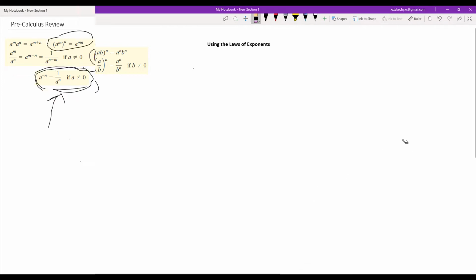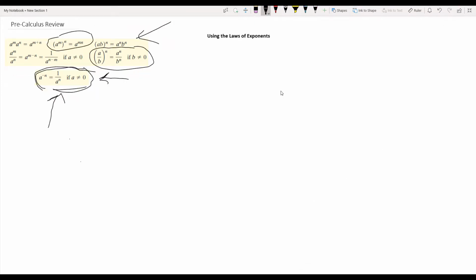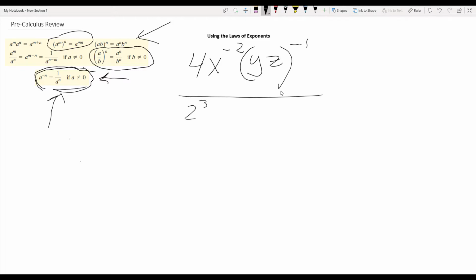Let's see what else I got. So now we have 4x to the negative 2 times yz, parentheses, oh no, to the negative 1, okay, divided by 2 to the third power x to the fourth and y.